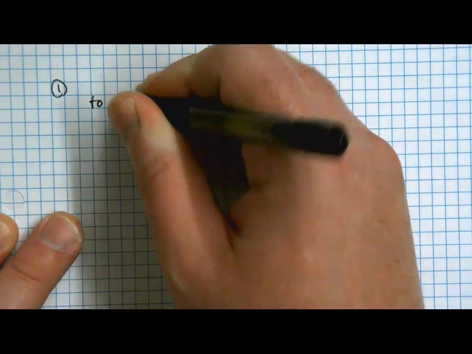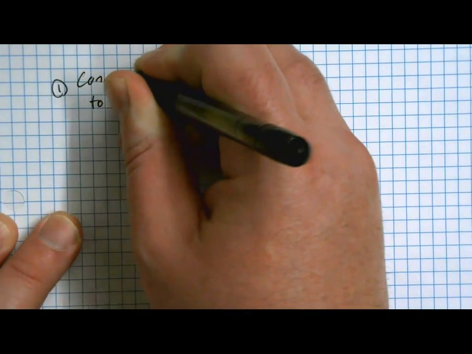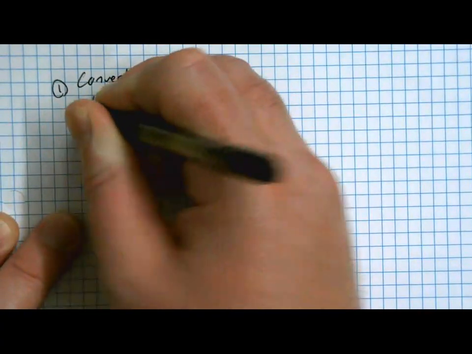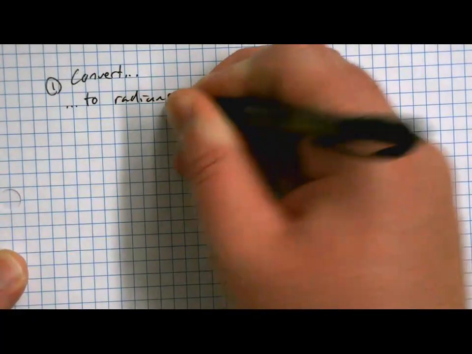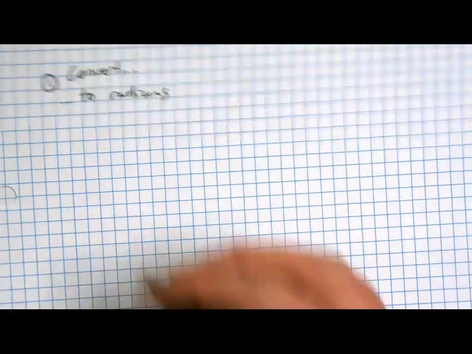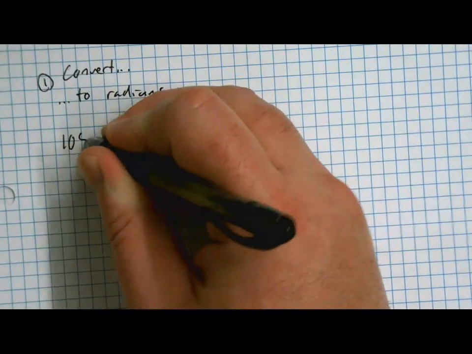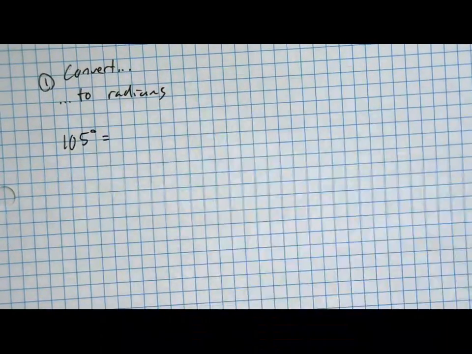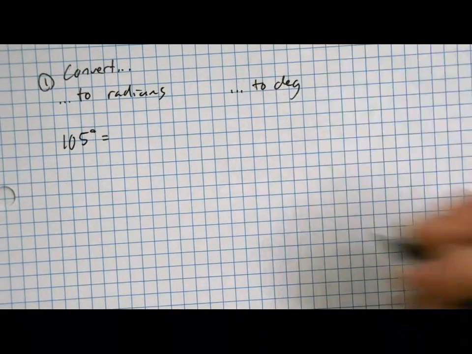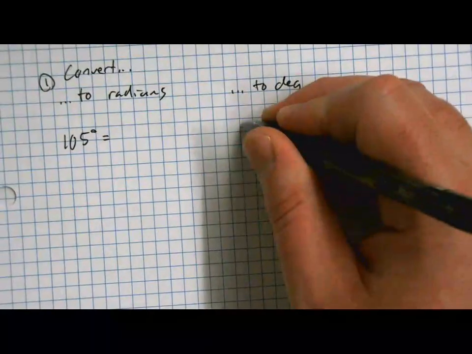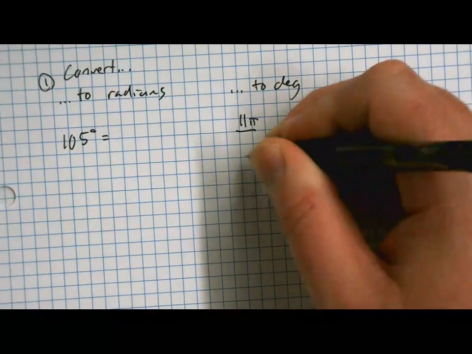So these are all conversions, and there's three parts to this. The first one is going to ask you to convert to radians, and it's 105 degrees. I'll just write these up here and let you guys copy them down.